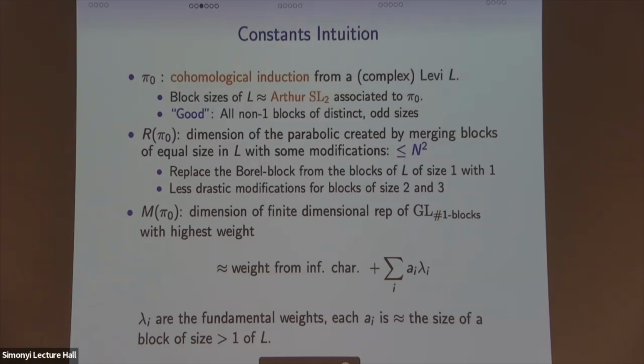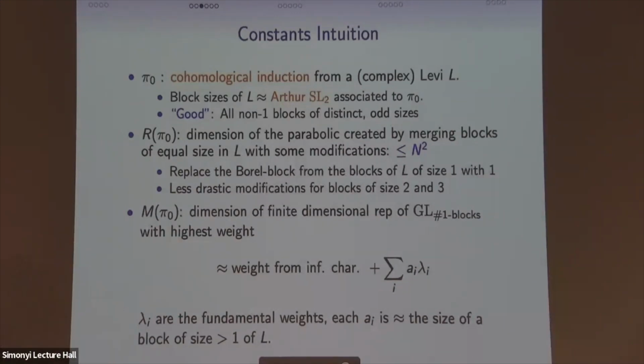So n pi 0 is going to be a dimension of some finite dimensional representation of some smaller GL_N, and it has a certain highest weight. You take the infinitesimal character of your cohomological representation, and then you make that infinitesimal character bigger in some way by adding some linear combination of fundamental weights.